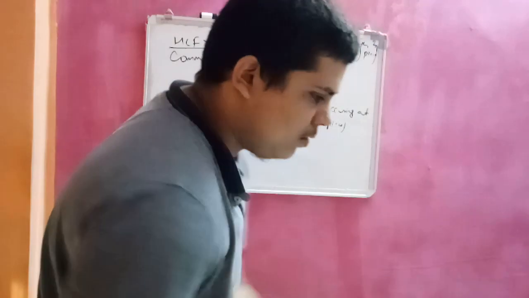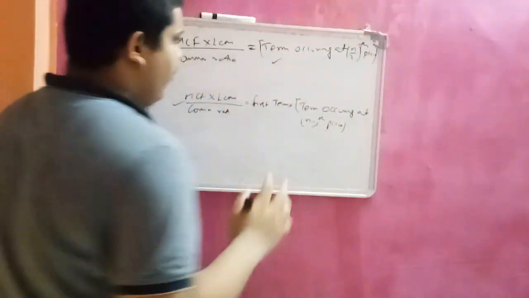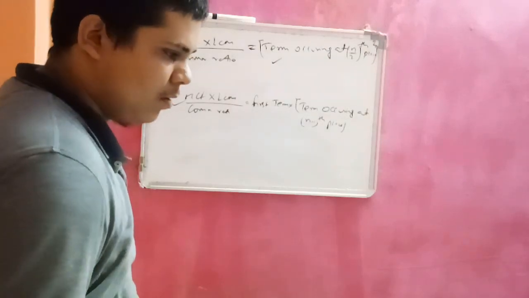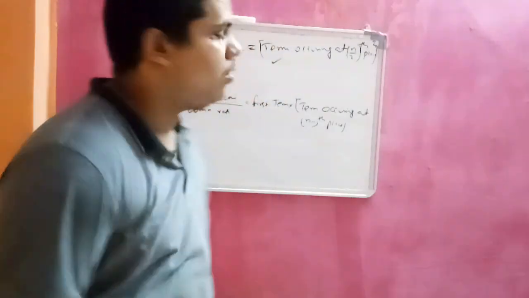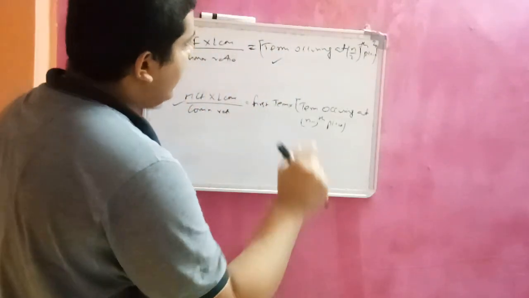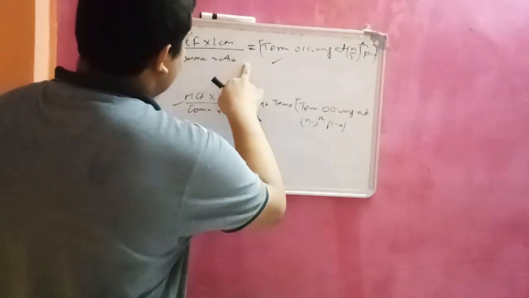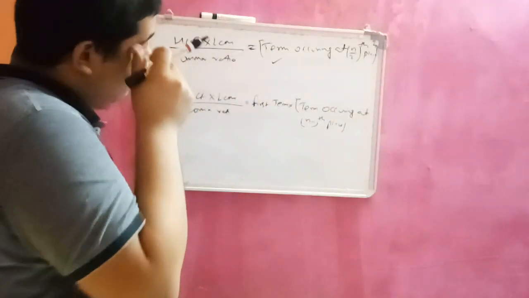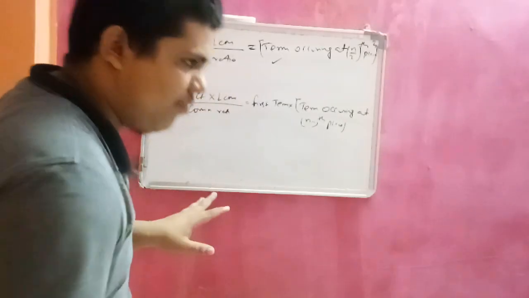Later I found that this is only for an even number of terms. If the number of terms is even, whether it is natural numbers or fractions, then only this relation is applicable. So this is for an even number of terms only, not for an odd number of terms.